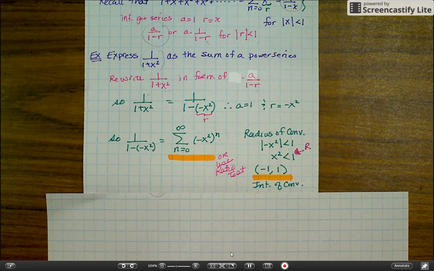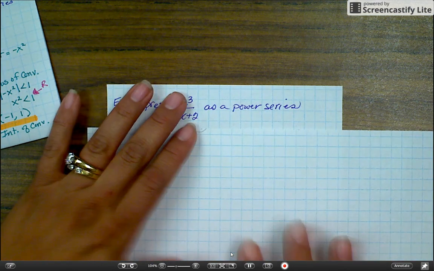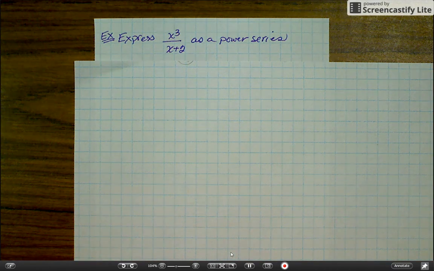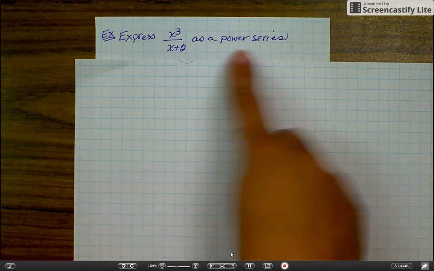All right then, let's do another problem. Same type of question, different problem. Express this as a power series.